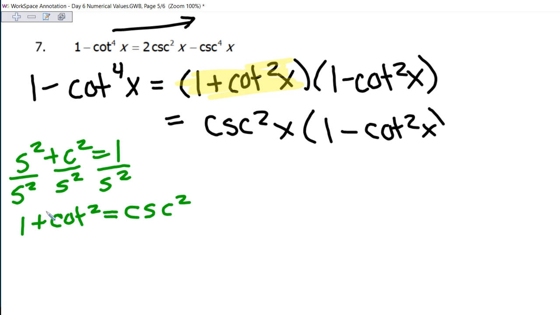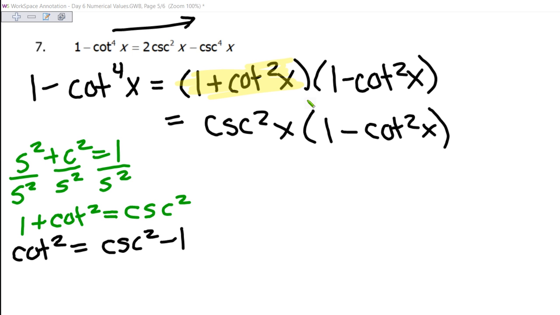No. So let's go back to this identity. And instead of cotangent squared, what could I replace that with? Cosecant squared minus 1. So that's the new thing for today. If you have a term that is squared, you can replace it with a Pythagorean identity.